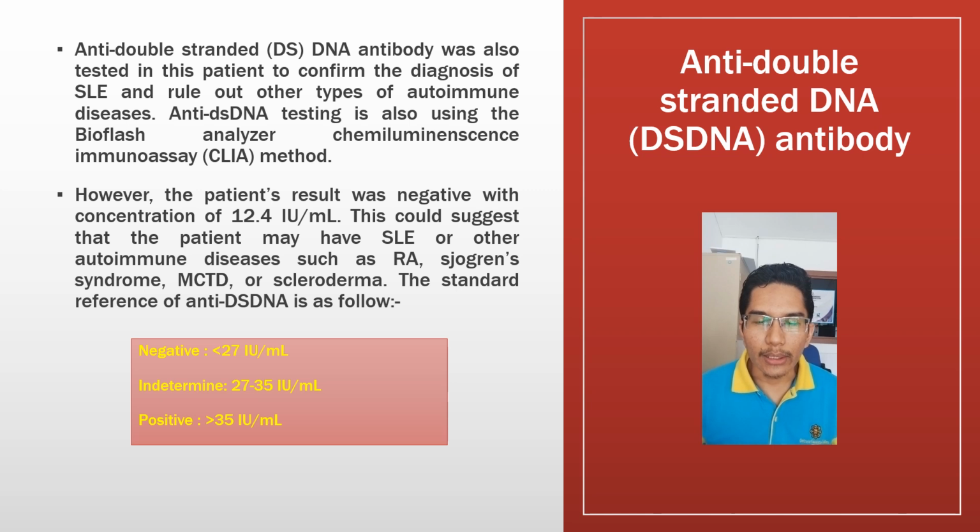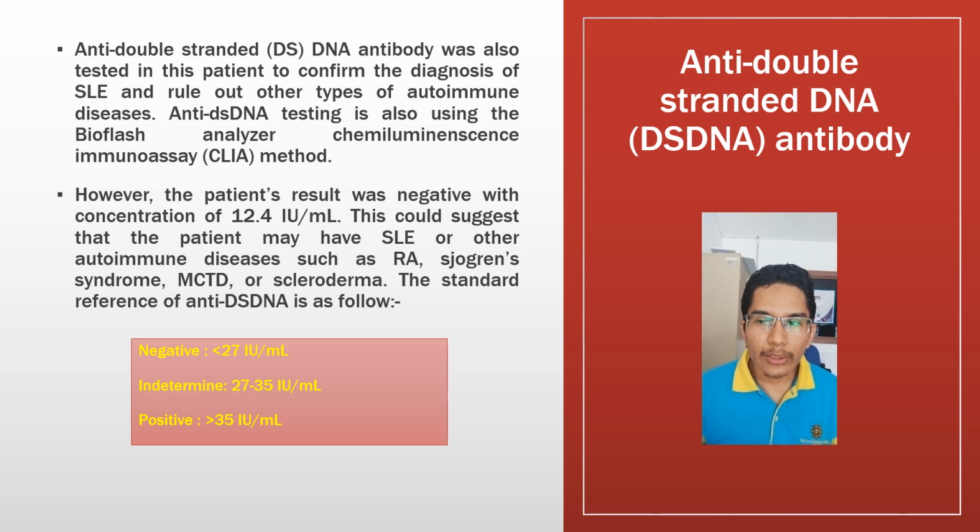Anti-double-stranded DNA, dsDNA antibody. Anti-dsDNA antibody was also tested in this patient to confirm the diagnosis of SLE and rule out other types of autoimmune diseases. Anti-dsDNA testing is done using the Bioflash analyzer chemiluminescence immunoassay CLIA method.